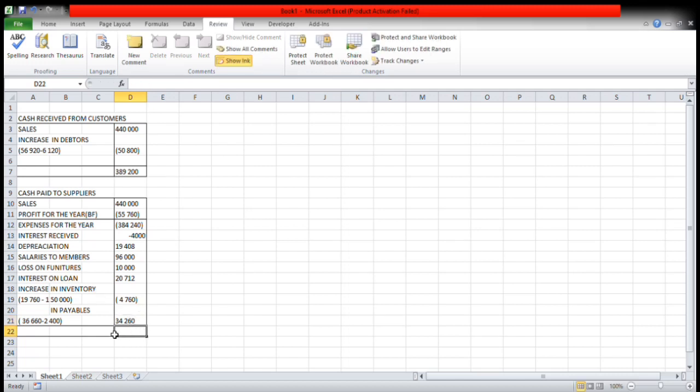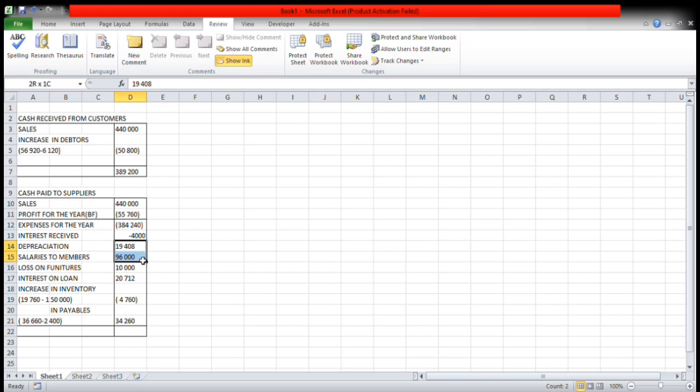In order for us to get the total amount for the cash paid, we're not going to start from the sales amount and the profit for the year. No, we're going to start from the expenses for the year. I would like you to start with the positive first, then you can less the negative. We're going to start with 19 for depreciation.